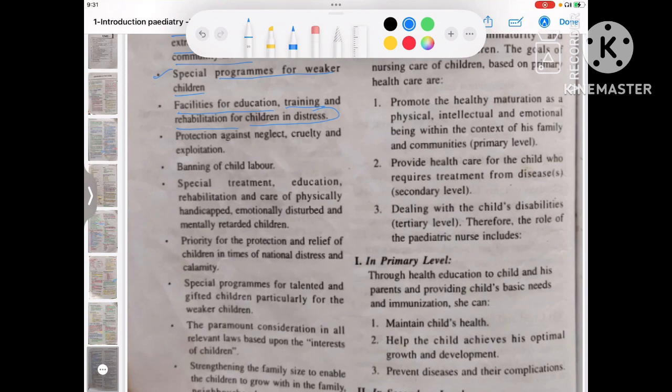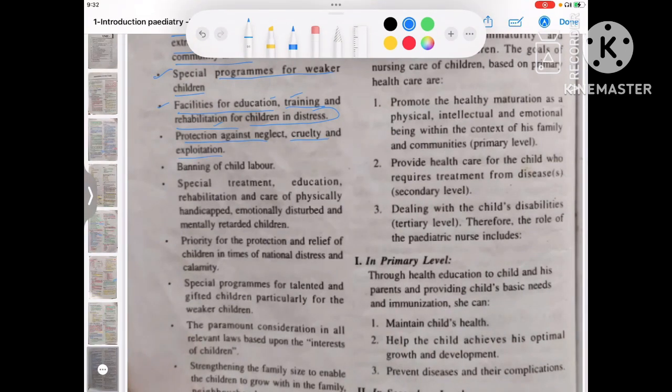For them, this children's policy provides education, training and rehabilitation. Rehabilitation means coming back to normal life. A child from a broken family will take time to come back to normal life.